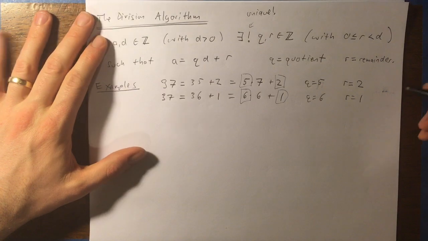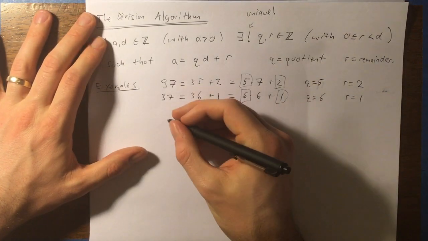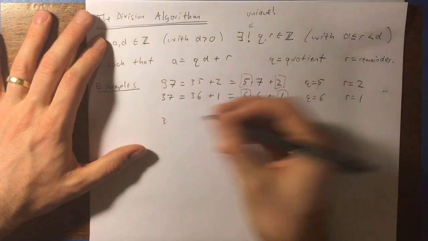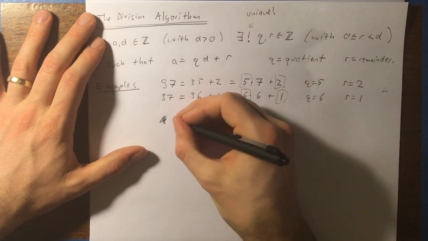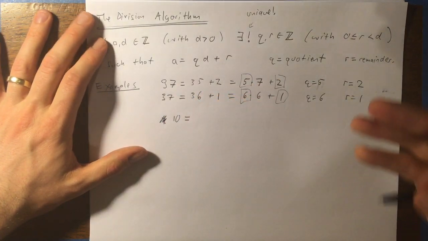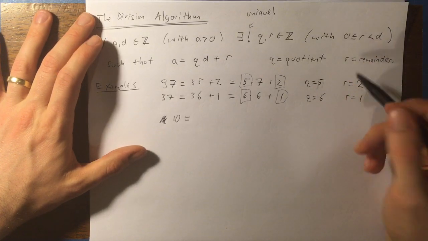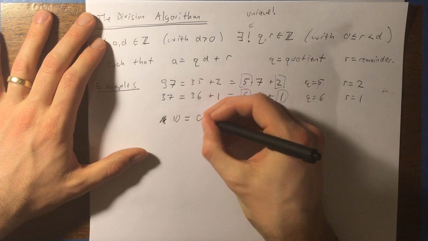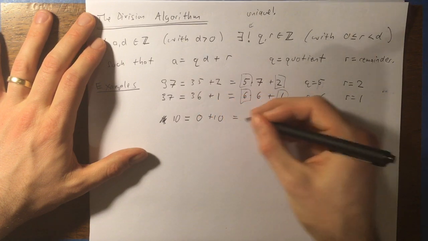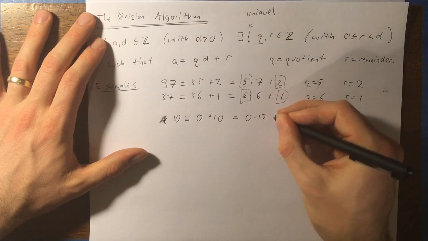By the way, I guess I'll do one more example here. If you do something like 30, no, I won't do 37 again. Too much 37. Let's just do 10. If you want to do 10 divided by 12, a larger number, you can do that, but you would just say this is 0 times 12 plus 10.